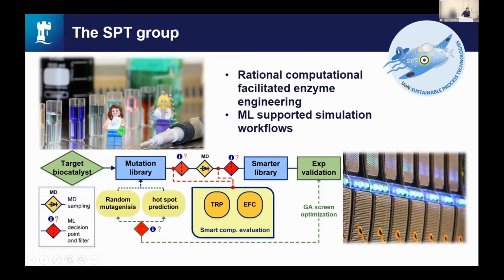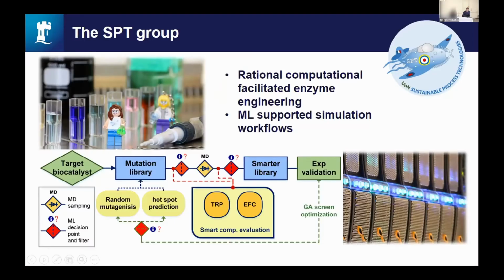With our computers, obviously, we have the chance to do this in silico. So I can also produce a mutation library, and with some knowledge behind that, I can rank my mutations for what effect they might have. This talk is also a bit about what I want to do and haven't done yet: there are decision points which can be machine learning driven, which go into this method development and these workflow developments.